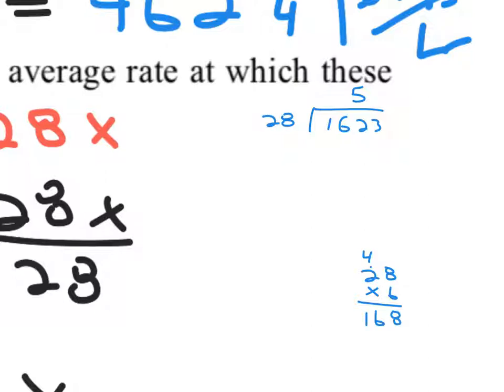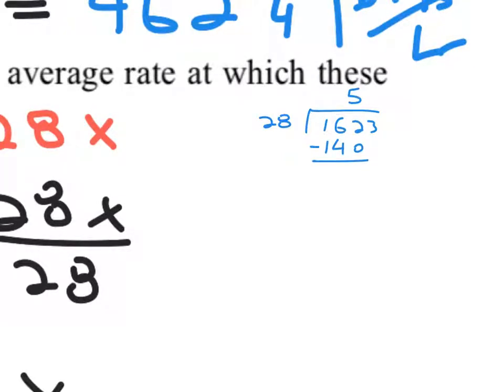So I'm going to go in 5 times, which is 140. I can multiply by 5 in my head. So that's 140. And I get 22. Bring down the 3. How many times does 28 go into 23? I'm going to guess about 8 times and see what I get.